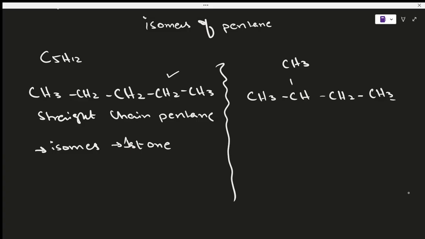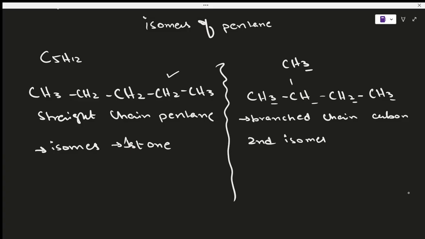You can also count the hydrogens. You've got 3 here, 2 here, 5, 8, 9, and 12. Make sense? Now this is a branch chain carbon molecule. Okay, so this is the second isomer.